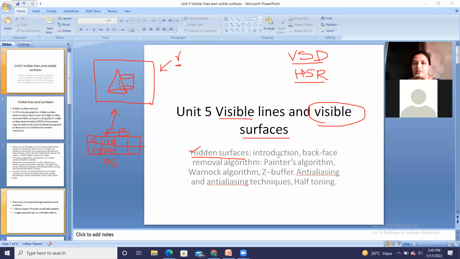So in the chapter, there are a total of 4 algorithms: backface removal, Painter's algorithm, Warnock algorithm, and Z-buffer algorithm to remove the hidden lines and hidden surfaces. And 2 approaches or techniques we are going to study: anti-aliasing methods and half-toning methods. Okay.